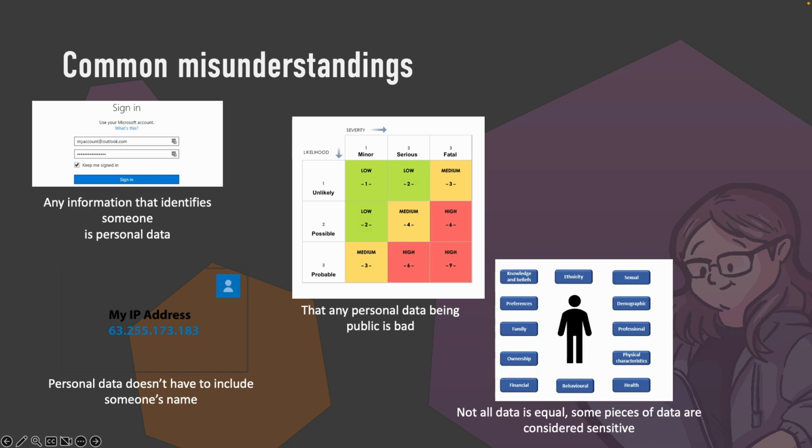So not all data is equal. Some pieces of data are considered more sensitive. Financial, health, ethnicity, sexuality. Essentially, if you can be discriminated against for it, it's going to be special category data. That does have requirements of security. So not all personal data has to be secure, but these ones do.